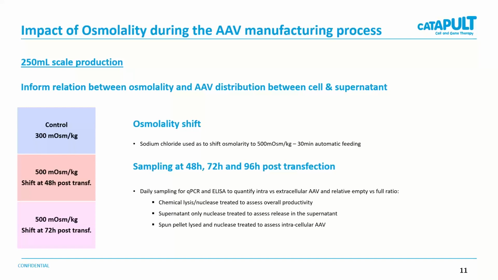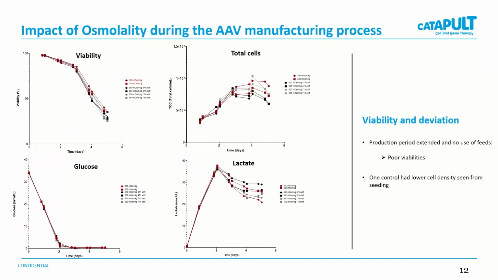And finally, only a lysis of the cell pellet after being spun down. This was in order to assess overall productivity for the lysate, release of AAV for the supernatant, and intracellular AAV for the lysed pellet. And one thing to know about this experiment is we decided to extend the production period.